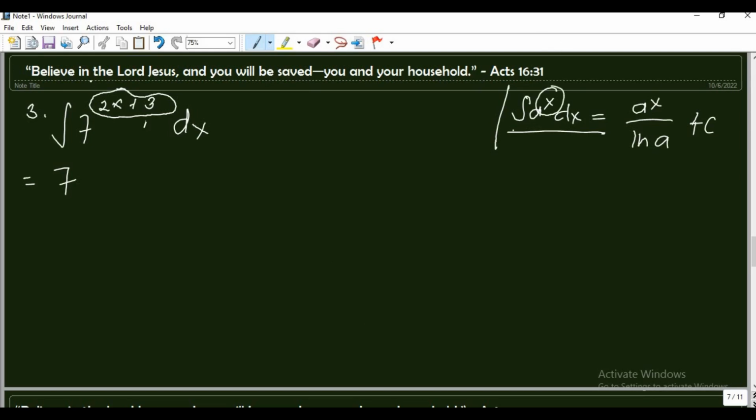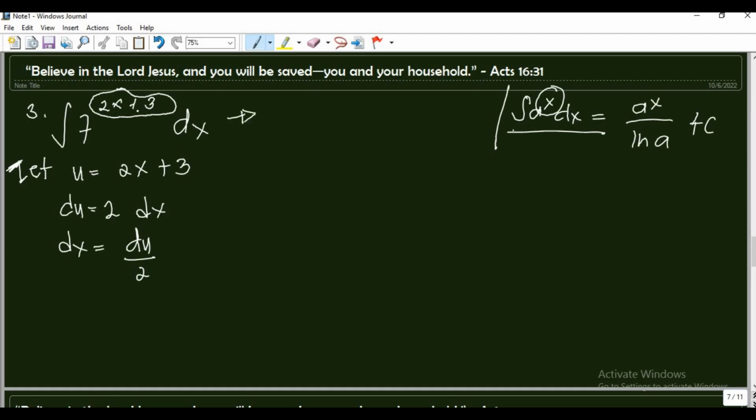When you see an expression like this, do not just simply integrate it, but rather apply what you have learned in u substitution. So I'm going to let u be equal to 2x plus 3. Then take the derivative of that. The derivative of 2x is 2. The derivative of 3 is 0, then dx. So my dx becomes du over 2.